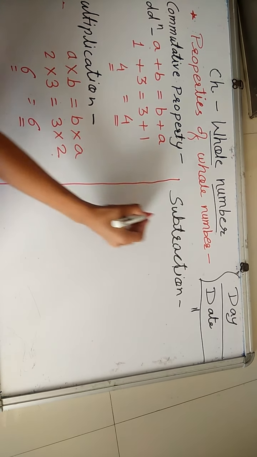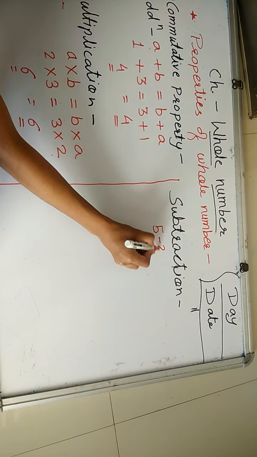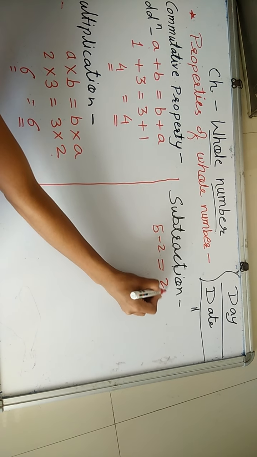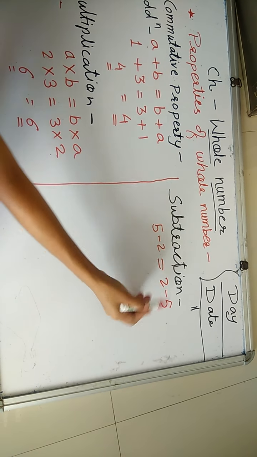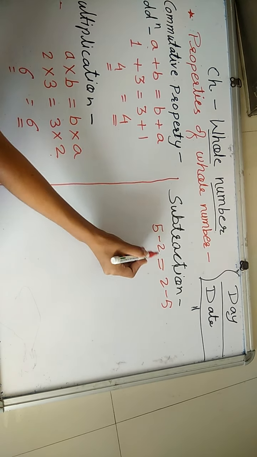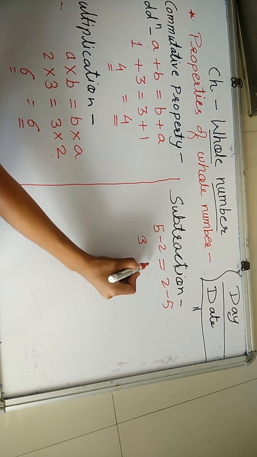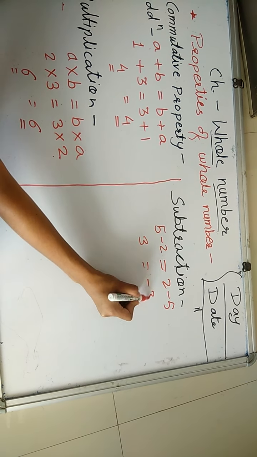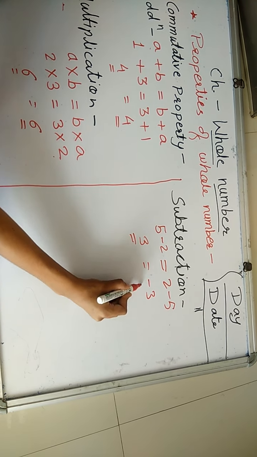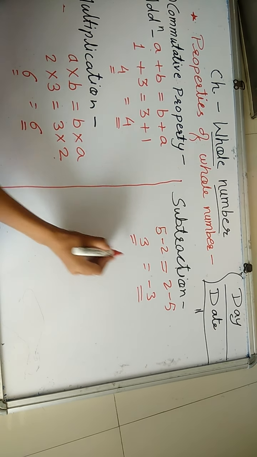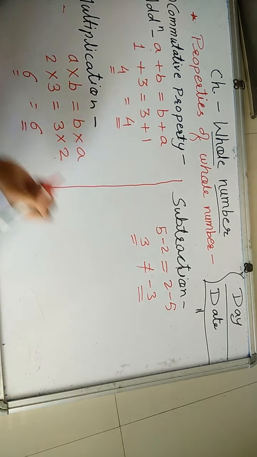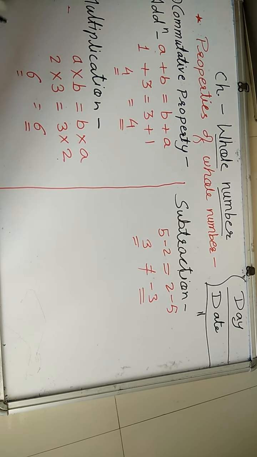If you subtract 5 minus 2 and 2 minus 5, we change their order. What is 5 minus 2? 3. And 2 minus 5? Minus 3. One is positive, another one is negative. It means that this commutative property does not work for subtraction.